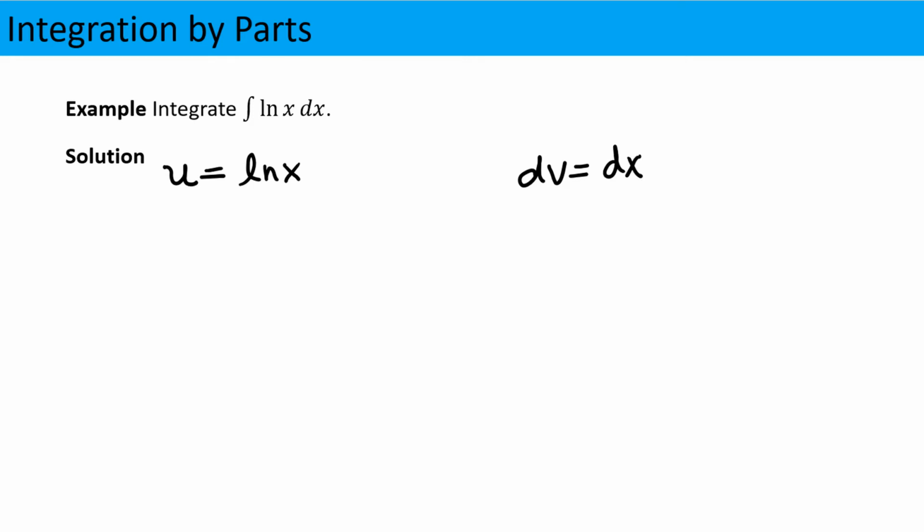To find du, we find the derivative of what we set equal to u. And so the derivative of the ln of x is 1 over x dx.